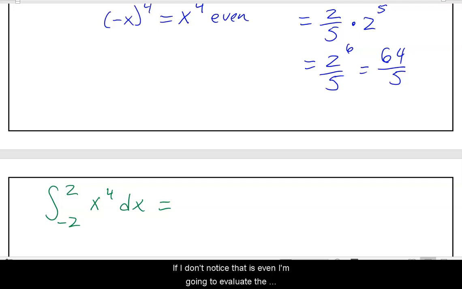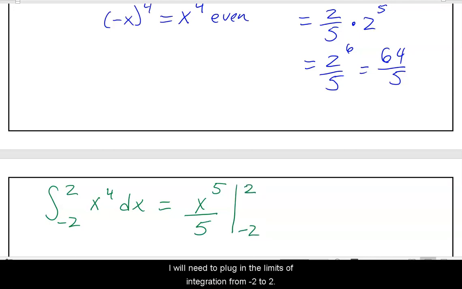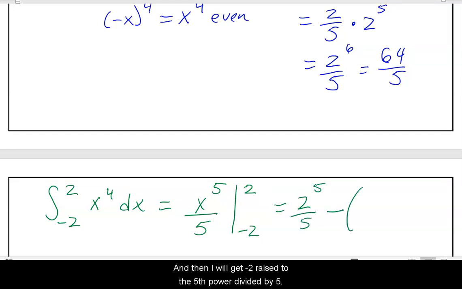If I don't notice that it's even, I'm going to evaluate the antiderivative, x to the 5th divided by 5, and then I will need to plug in the limits of integration from negative 2 to 2. If I plug in the upper limit of integration, this will give me 2 to the 5th divided by 5 minus, and then I will get negative 2 raised to the 5th power divided by 5. Be very careful and use parentheses around the lower limit of integration's value.